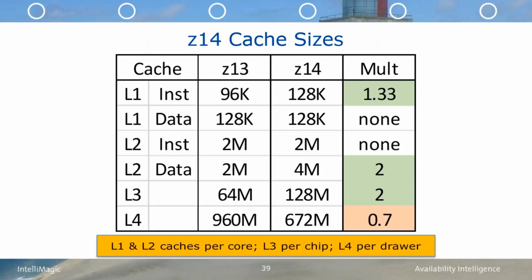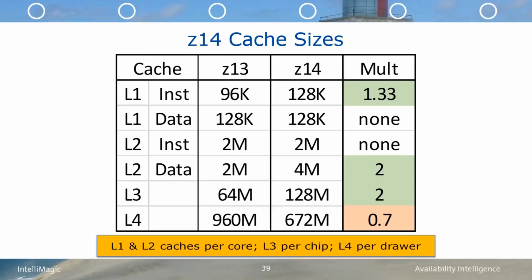The Z14 delivers several cache size increases as highlighted here in green. The increases are in level 1 instruction cache, 1/3 larger, level 2 data, which doubles, and level 3, which doubles. We mentioned earlier that the Z14 cache has been unified, enabling point-to-point connectivity between all the level 4 caches.